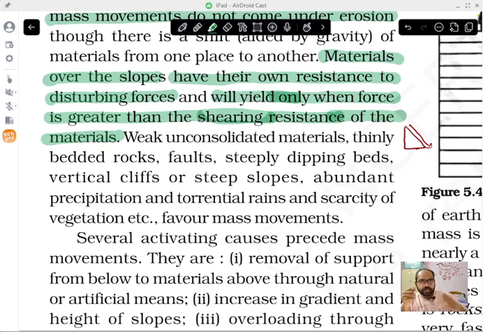Whenever the gravitational force is greater than that shearing resistance, the material moves. There is a material here, it is offering resistance. Whenever the gravitational pull is stronger than the resistance offered by it, the material starts moving down.